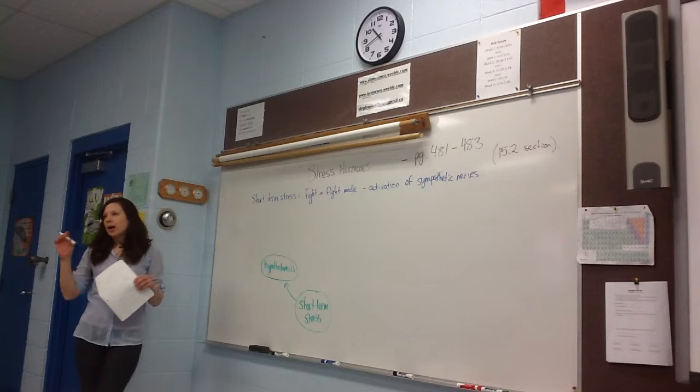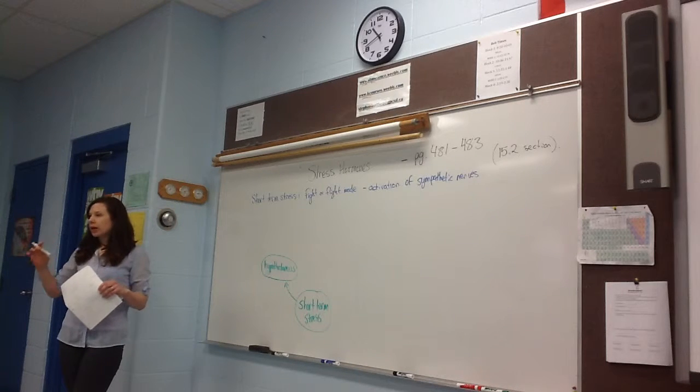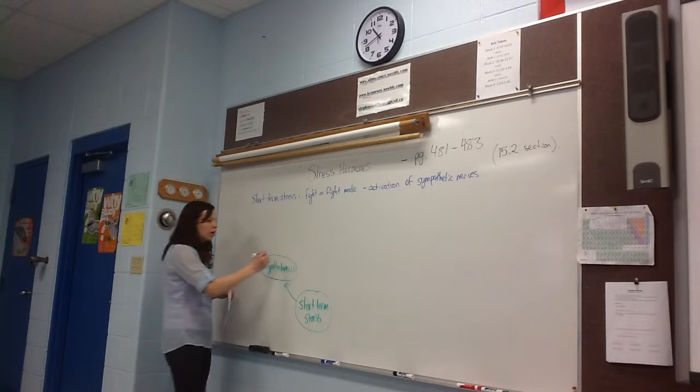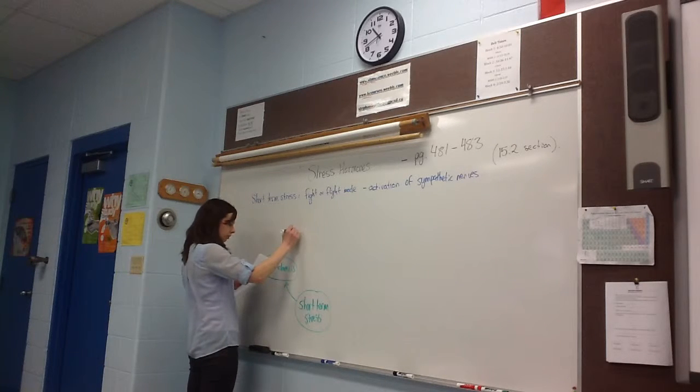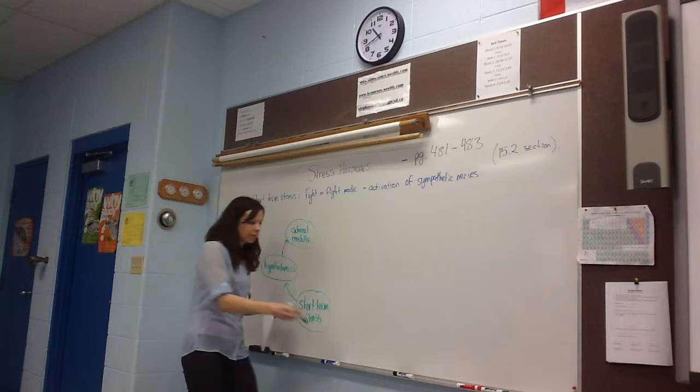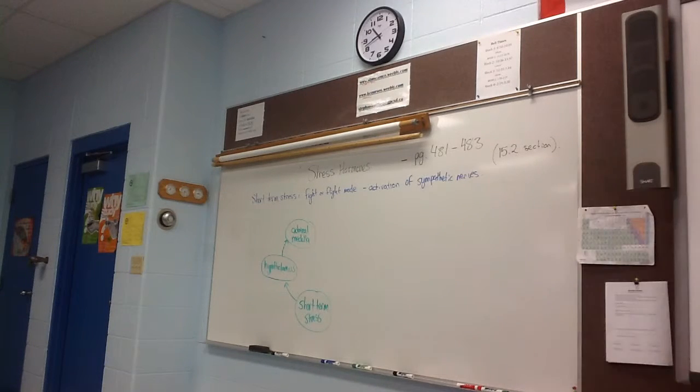So the hypothalamus in the brain is actually going to send a nerve signal to something called the adrenal medulla. Now, I'm going to show you a picture of what the adrenal medulla is so that you have context.